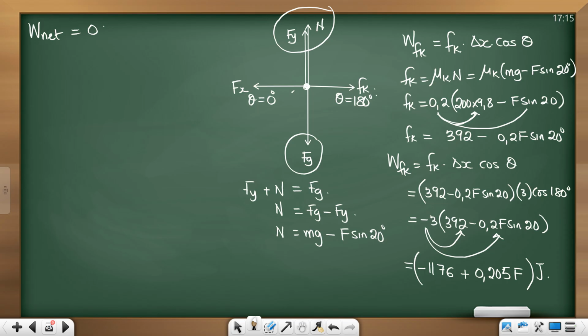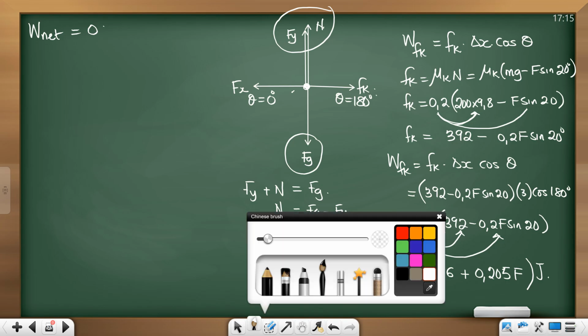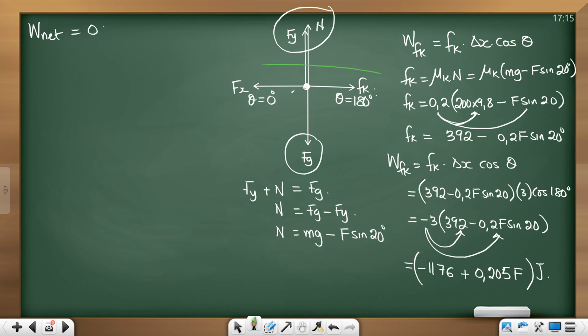Only 2 are doing work. These are the only 2 that are working. The work done by FG will be equal to 0. It doesn't cancel out. Why? Because it is perpendicular to the displacement, and cos 90 is equal to what? 0. These 2 as well, W equals to 0. Again, perpendicular.